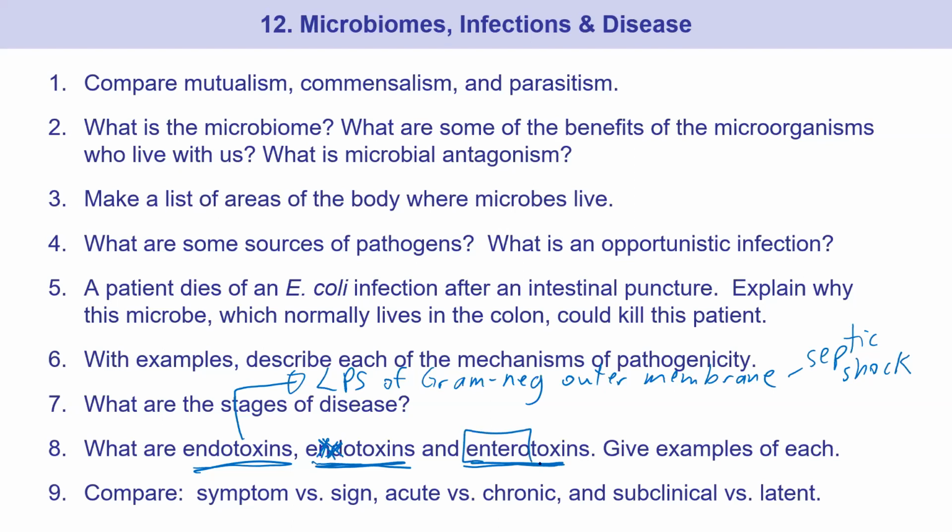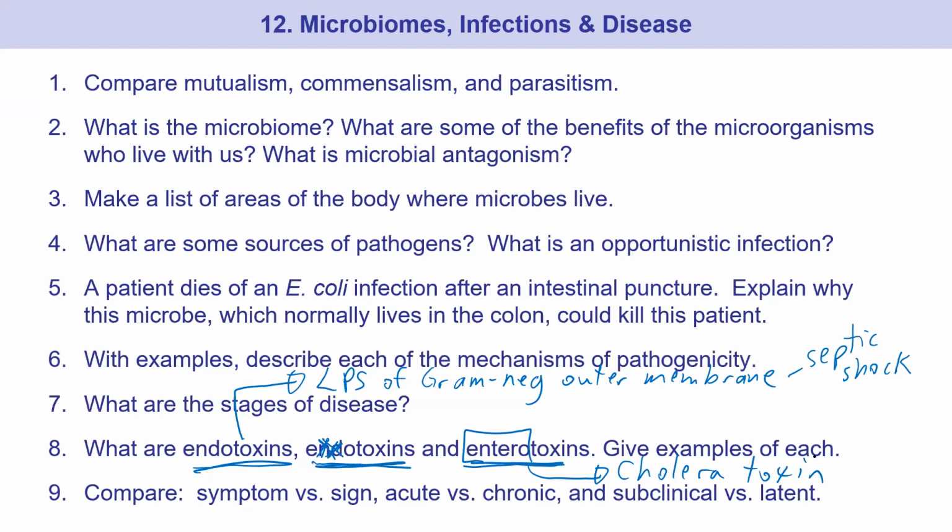Exotoxins, maybe I'll just mention enterotoxins. So entero means gut. And so you're looking at any toxin that causes diarrhea. So a classic one here is the cholera toxin. An exotoxin is anything that's secreted by often gram-positives, but not always the case. So I already reviewed a few exotoxins there.